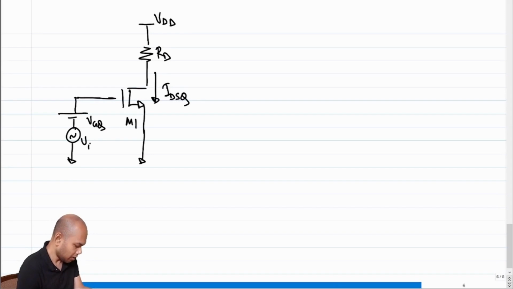Okay, so what will be the incremental model of this stuff? The incremental model will be: input is Vi that goes to the gate Vg.